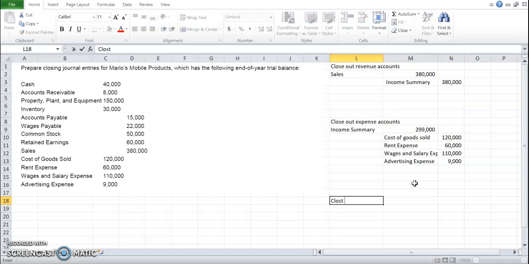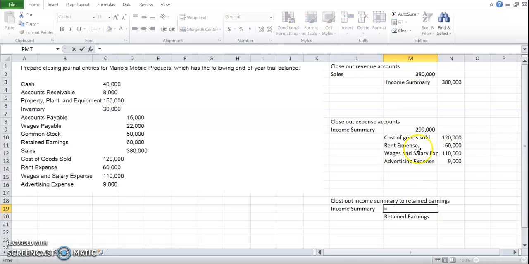So now we need to close out income summary to retained earnings. We just need to figure out our income summary amount. So this is income summary right here, and this is going to be retained earnings.